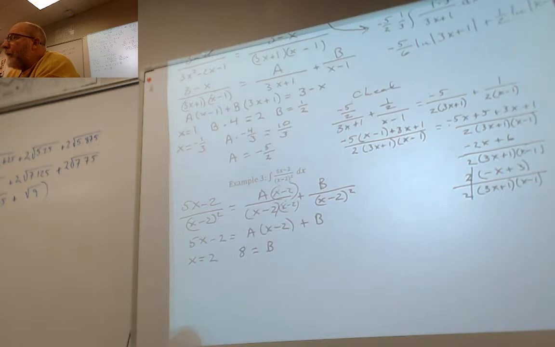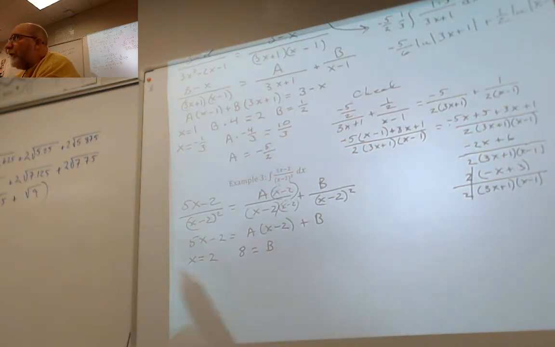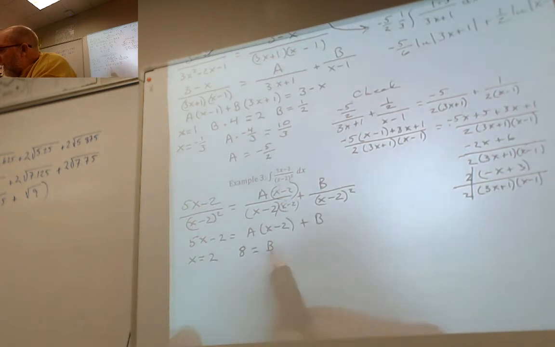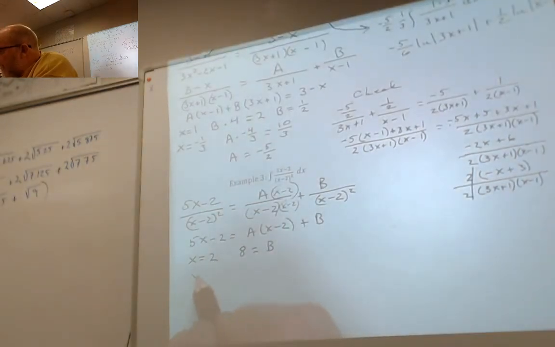I can let x be anything I want. I said that from the beginning. The reason I chose 2 in these other numbers is I got rid of one of the a's or b's, they became 0, but it can be anything I want. I already know b is 8. So what do you want me to choose for the next x? It doesn't matter.